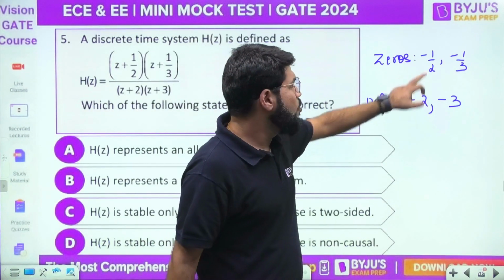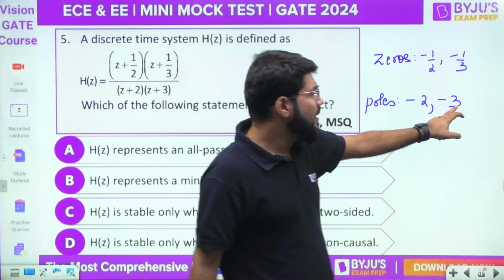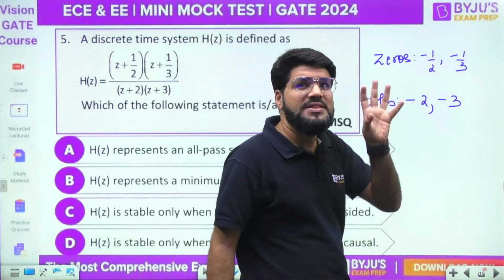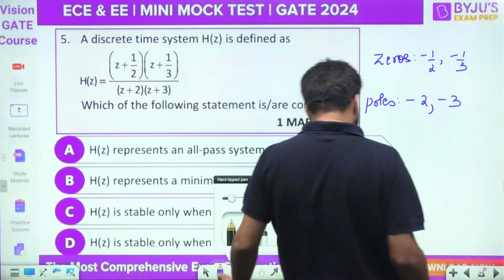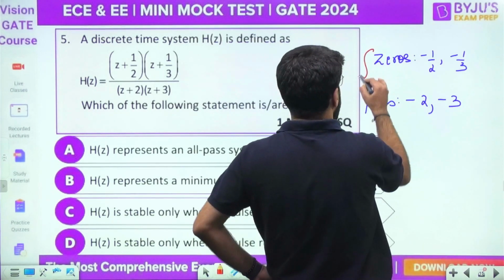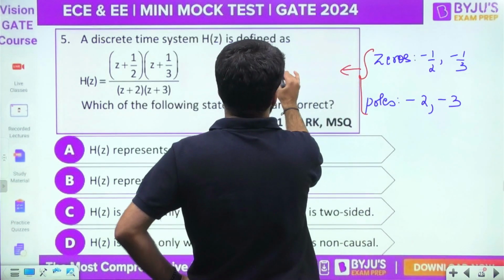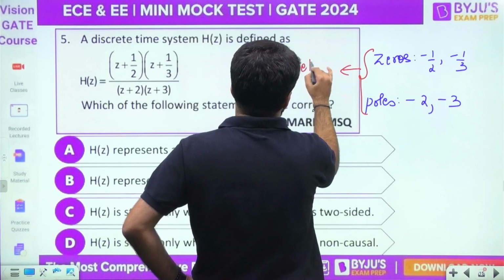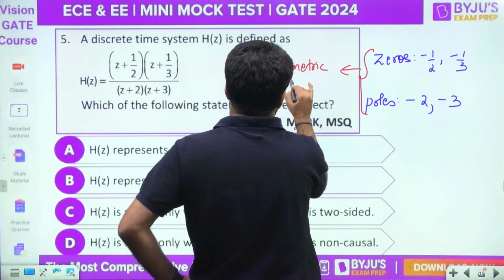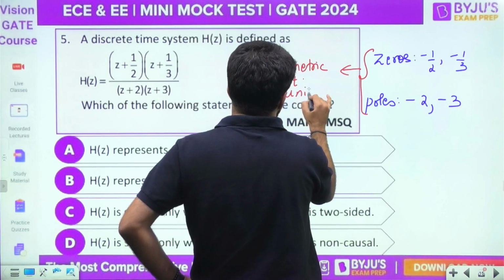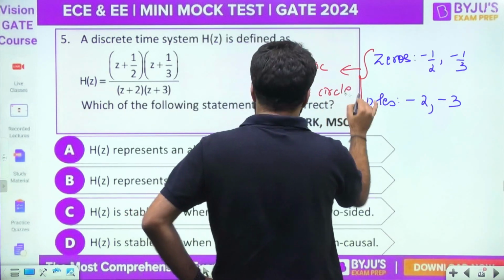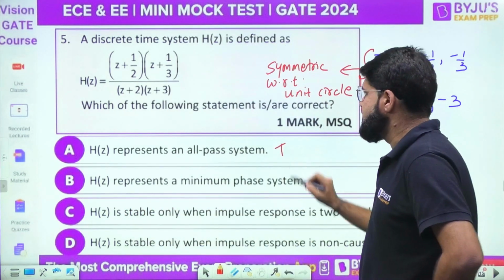So this is 1 into 2, this is 1 divided by 2. This is 1 into 3, 1 divided by 3. So poles and zeros are symmetric with respect to the unit circle. And whenever poles and zeros are symmetric with respect to the unit circle, it is an all-pass system. Correct.